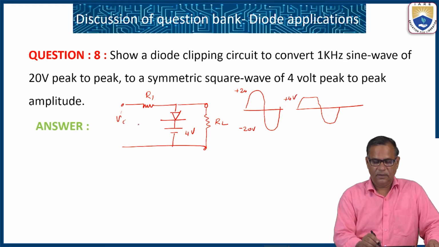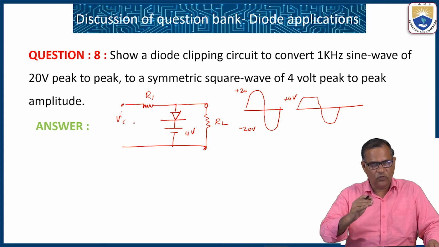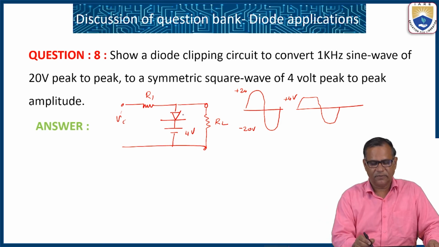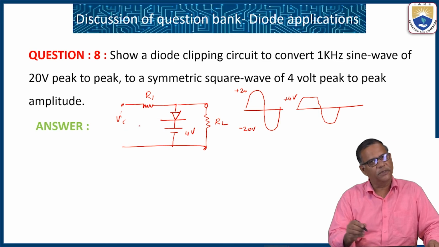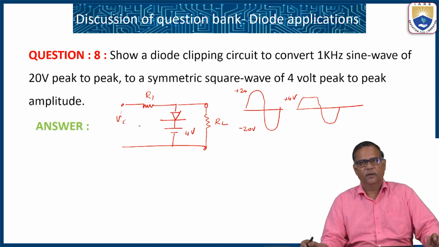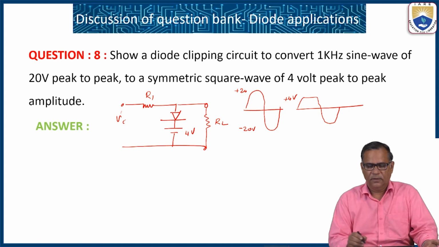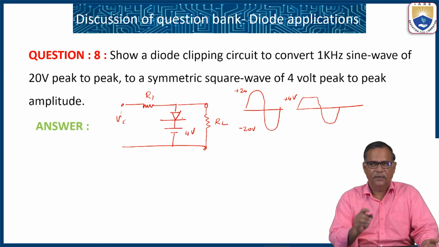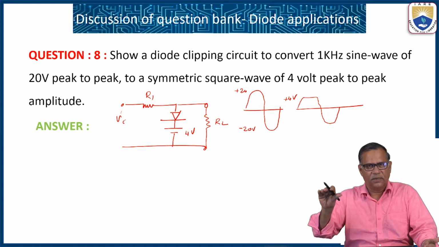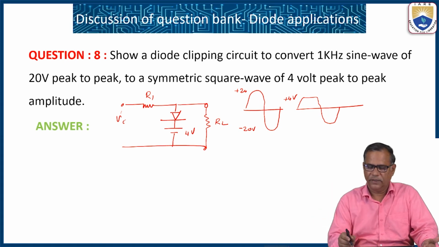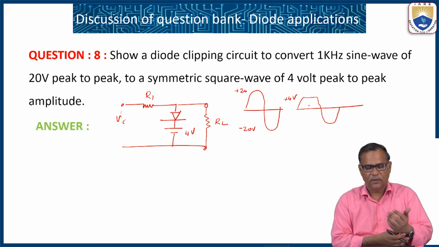Why? Because initially when the voltage is less than 4 volts, this diode is reverse biased, and whatever voltage you give at the input appears across the output. And when the voltage is more than 4 volts, this diode is forward biased and the voltage is clipped to 4 volts. So we get output like this.